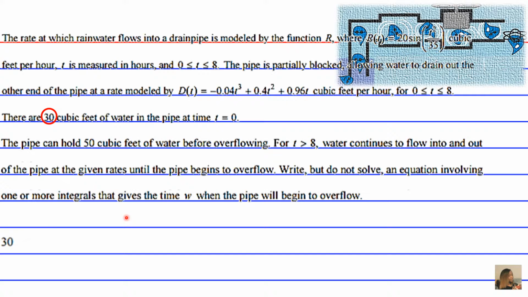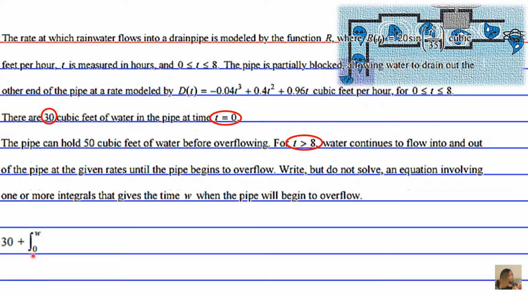All right, so after your initial condition, you're expected to come up with an integral expression that would incorporate the time w. Okay, so for a time greater than 8 hours, which we're told to denote as time w, and we're also going to incorporate time t equals 0 into our integral expression because these are the bounds, or our limits of integration, okay?